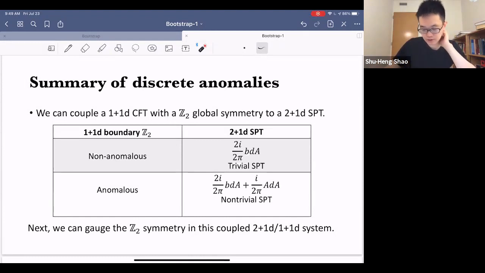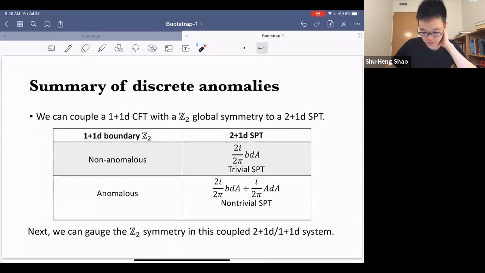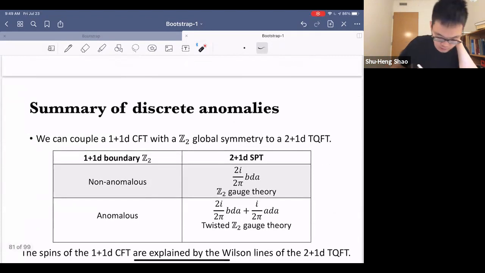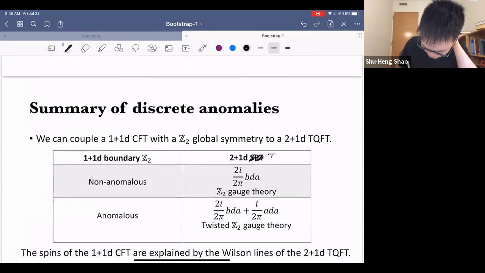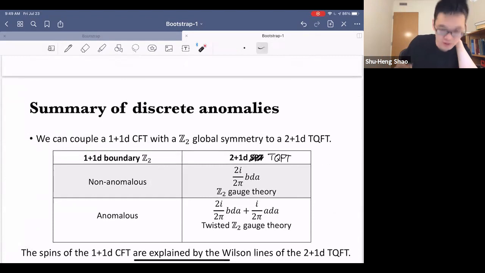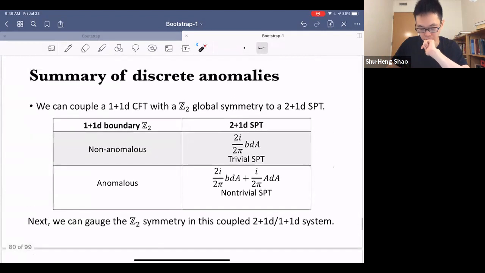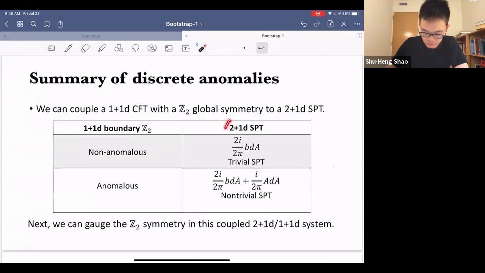First, for condensed matter physicists, and also for high energy physicists, it's important to distinguish an SPT from a TQFT. If you start with an SPT in the bulk, and that's what condensed matter people typically discuss, it's some lattice model, and the low energy phase is gapped with a unique ground state, but there's a non-trivial symmetry.